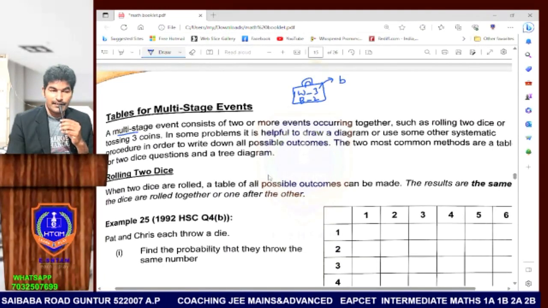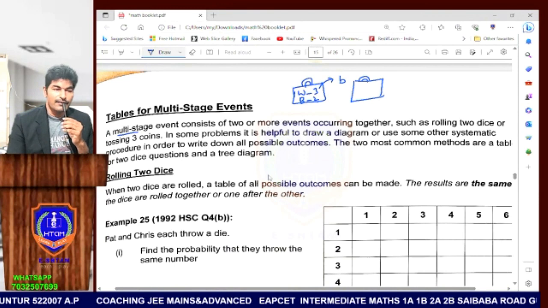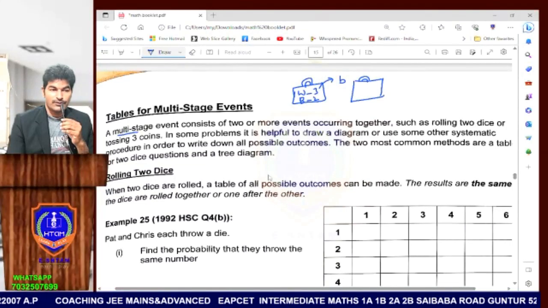Blue ball. Understood? And there is one more bag also. We know how to calculate the first example: the total bag consists of 5 balls. Out of those, we want a blue ball only. So the probability for that is 2 by 5.